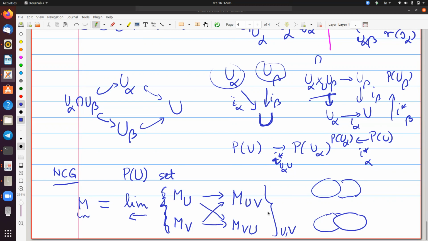So if this is U alphas, UVs, all possible pairs, this is a diagram for all possible pairs, but they belong to a certain family and I can define a family, I get the global one. So there is a gluing condition. Can you define the category of all objects globally if you know them locally?